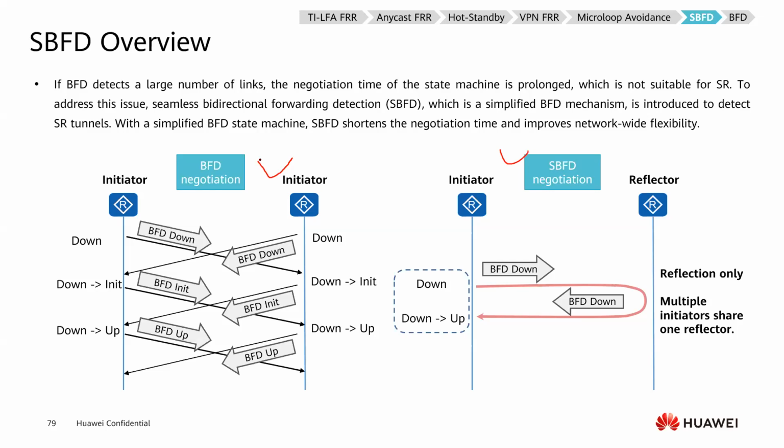But BFD for segment routing has a little bit of a problem. If we use BFD to do the ping for each end, in some scenarios it will have problems, and the BFD will not be able to come up. So we use SBFD.